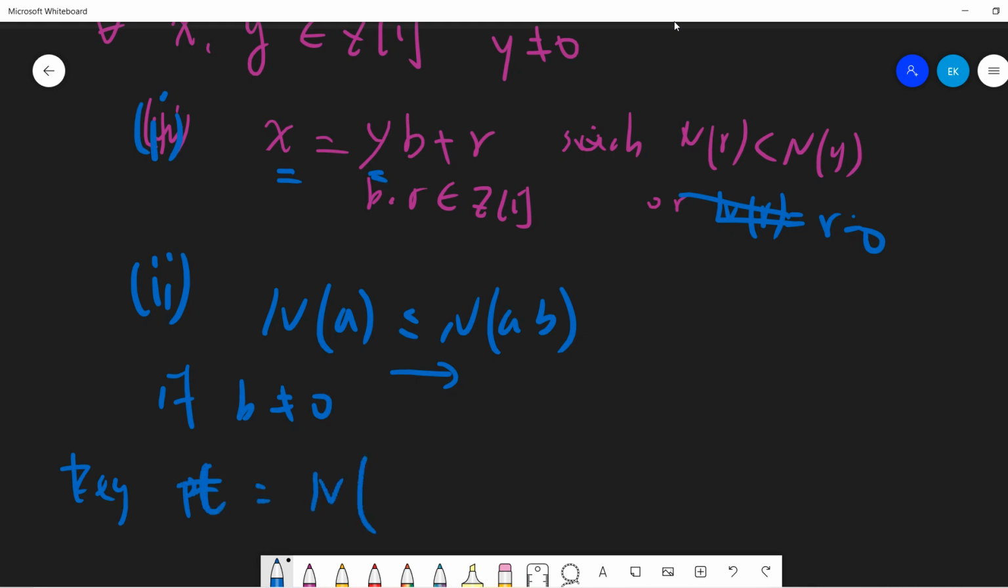Okay, so the key point is that I can define N of a plus bi to be a squared plus b squared.